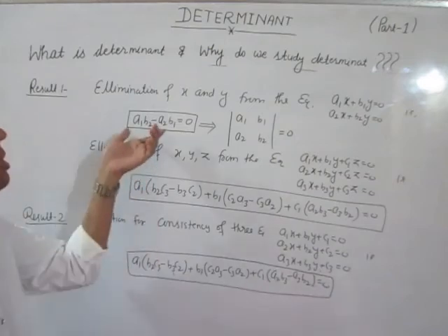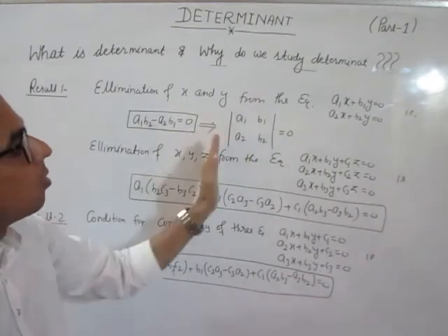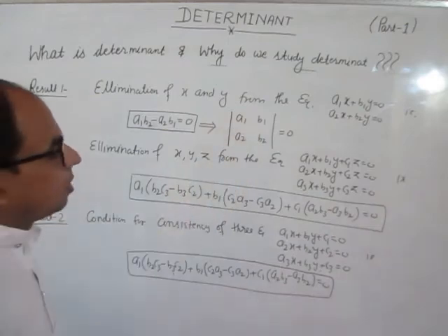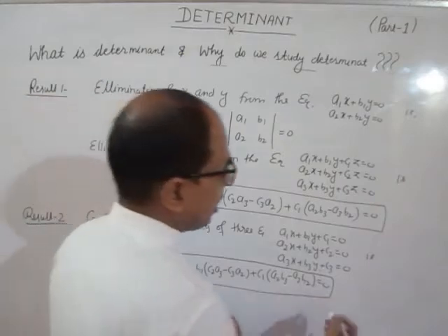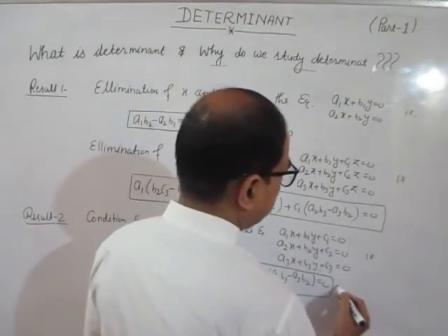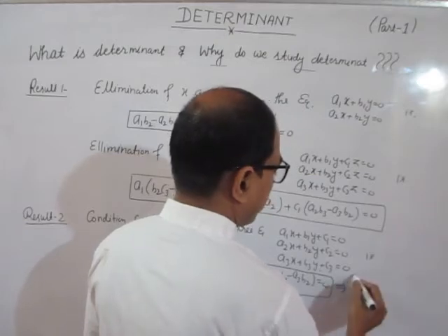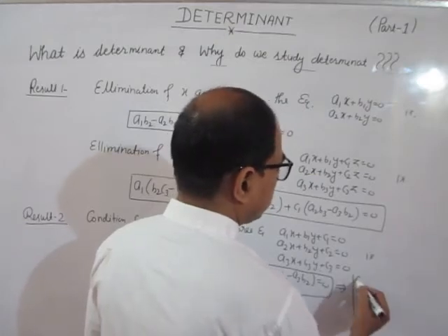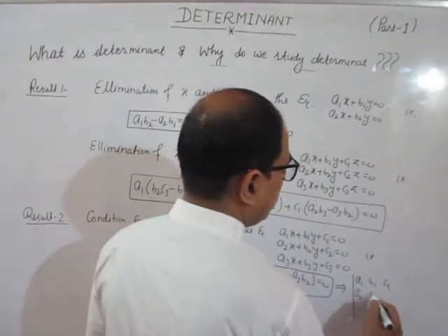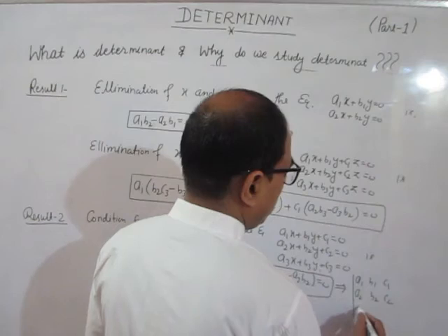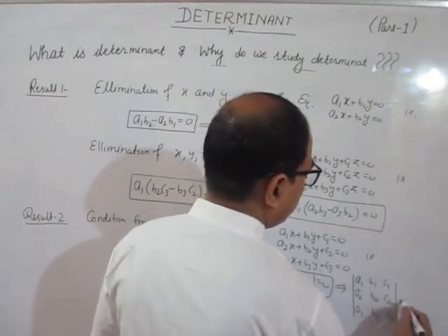So we can write this expression as A1 B1 A2 B2 in row and column wise. Now similarly, these two expressions are similar, so this can be written as: vertical line A1 B1 C1, A2 B2 C2, A3 B3 C3 is equal to 0.